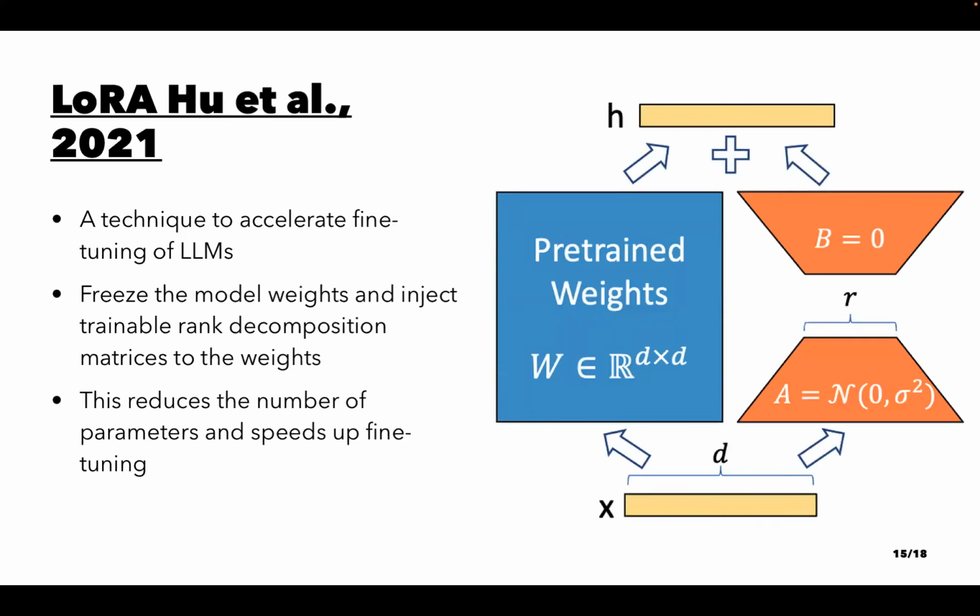So as LLMs get bigger, a nice, cost-efficient and time-efficient method is to use LoRA, where the idea is relatively simple. You freeze the weights of your LLM, and then you just learn a delta over these weights.